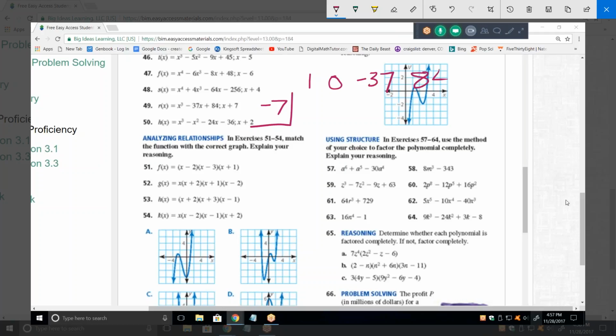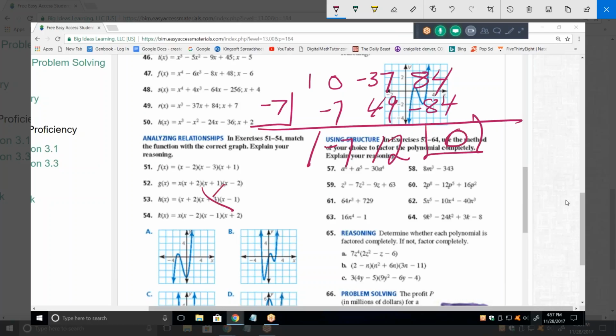Then 84. It's the other factor. So, x squared minus 7x plus 12.